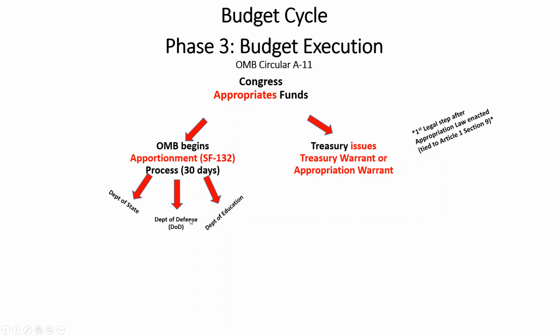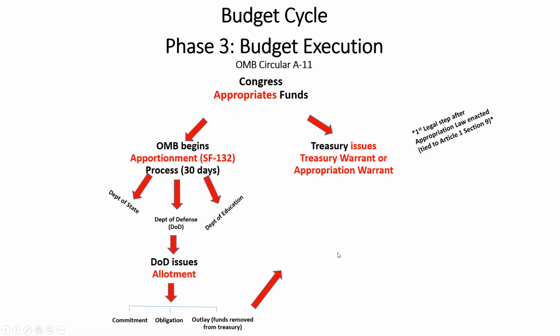So once DOD receives their apportionment, then DOD will issue allotment to the rest of us. And when we get our allotment, we commit, obligate, and outlay. Typically in this exam, you will not see the word disbursement because the legal term is outlay when the funds are removed from the Treasury. Now, what happens once DOD issues allotment?